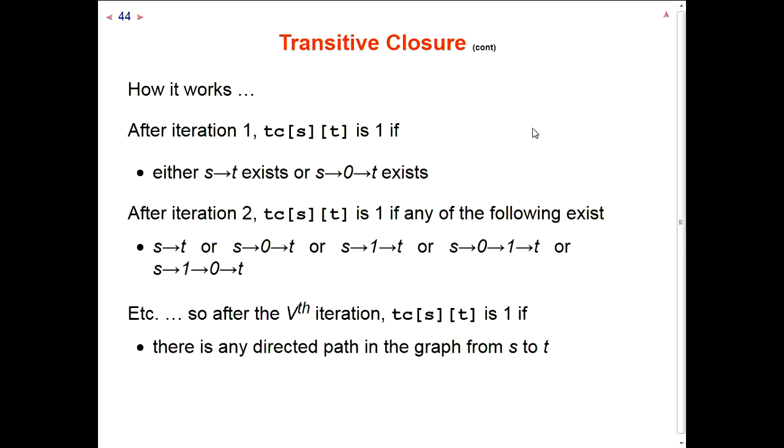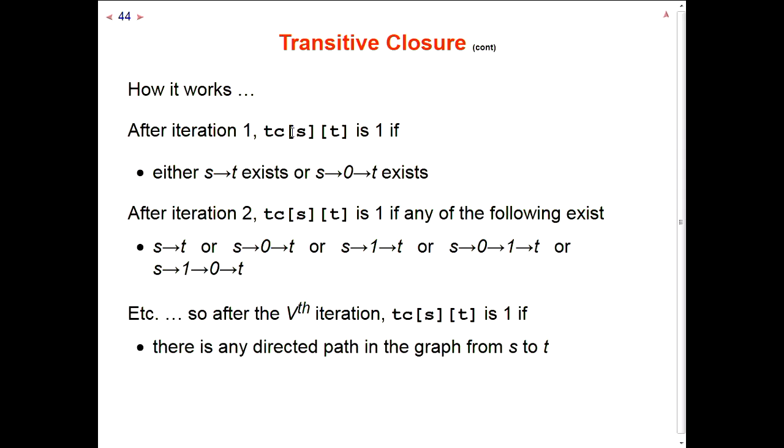Now, why and how does that algorithm work? The reason why it works is that after the first iteration, well, first of all, you initialize the transitive closure with the edges that you have. If you have an edge from S to D, then of course this should be in the transitive closure.